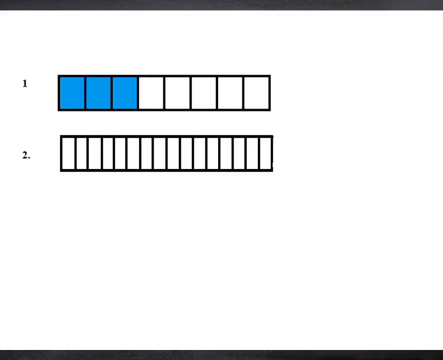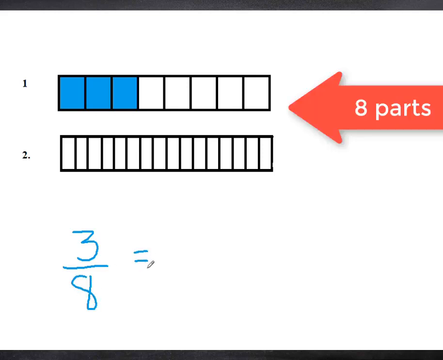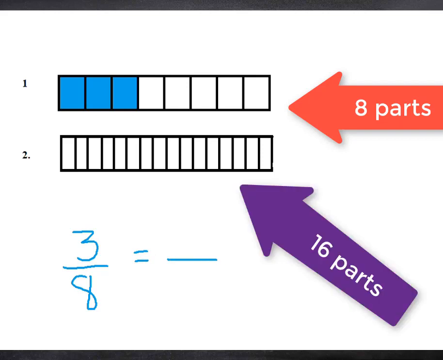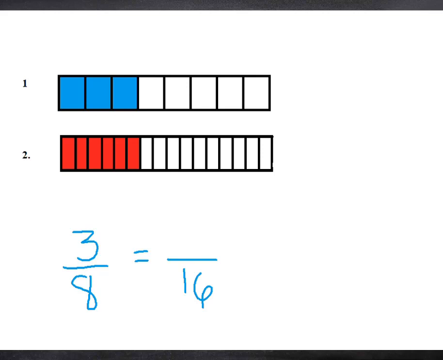I need to know what is the equivalent fraction of 3/8 in another unit that's divided in 16 parts. Like this. It's the double. In this case, I need to find an equivalent fraction. Remember, equivalent fractions have the same amount, but the different unit has more parts than the other.